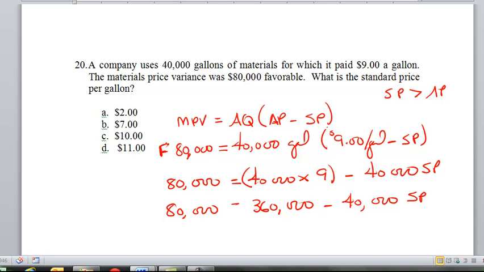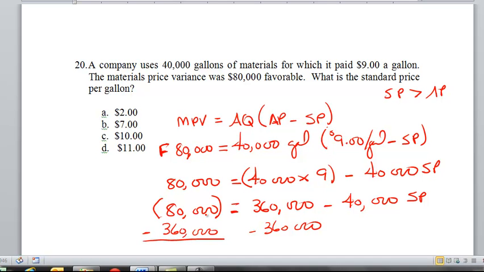If this is favorable, remember I've been saying, if it's favorable, you're going to get a negative variance. So to get rid of this 360, I'm going to subtract 360 from this side and add a negative 360. I'm sorry, my tablet's going a little nuts over here.